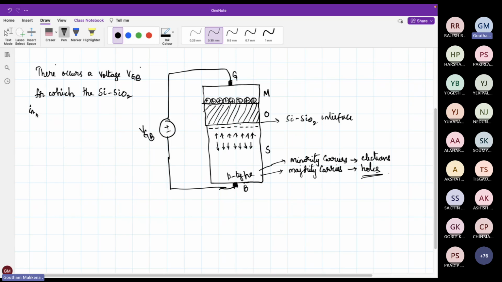For which the Si-SiO2 interface has become as negatively charged as it is positively charged in the bulk.